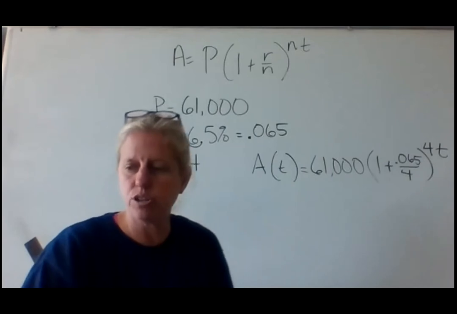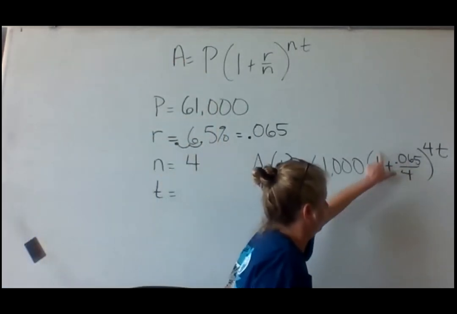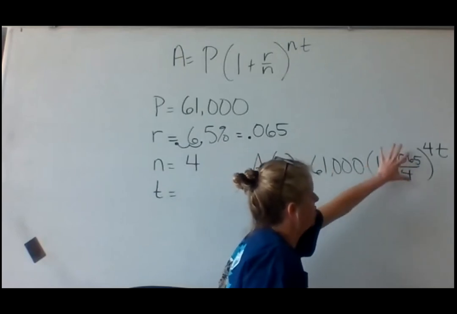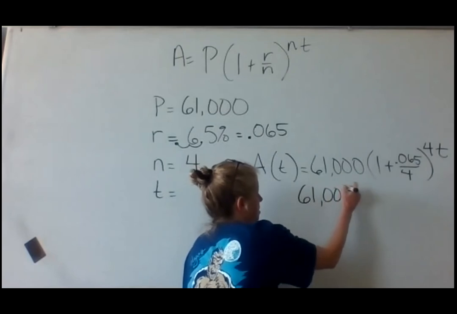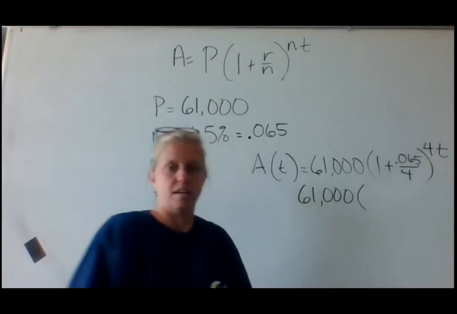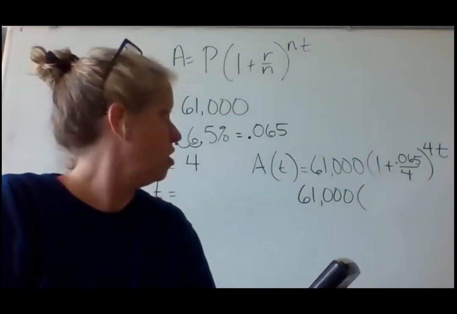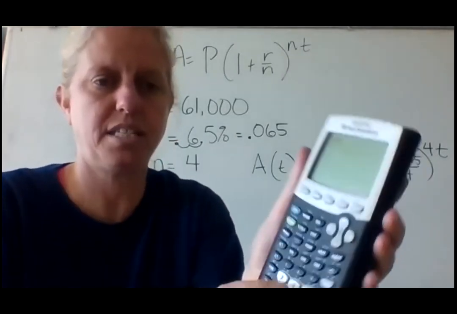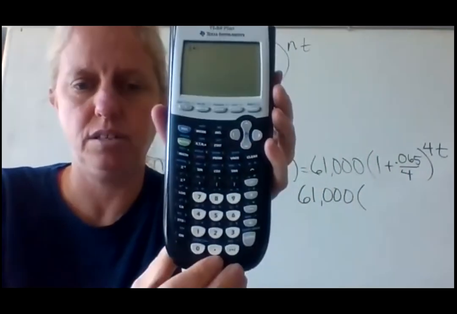Now, when you enter the formula, it's going to want you to take care of this part right here. Instead of writing all that, it's going to want you to enter it as 61,000 and then just figure out what that is. So just push that in your calculator: 1 plus 0.065 over 4.